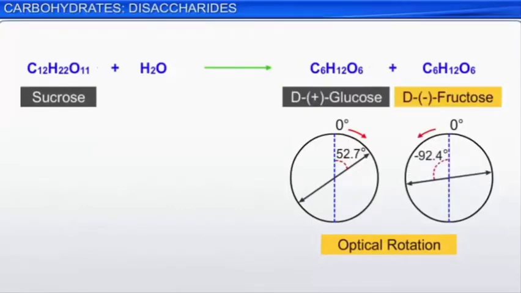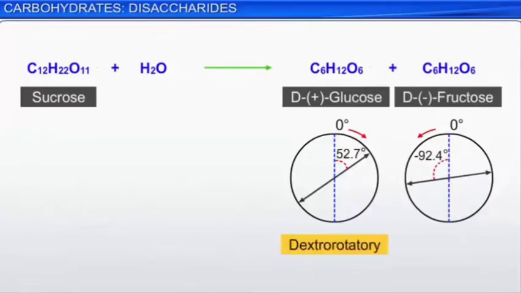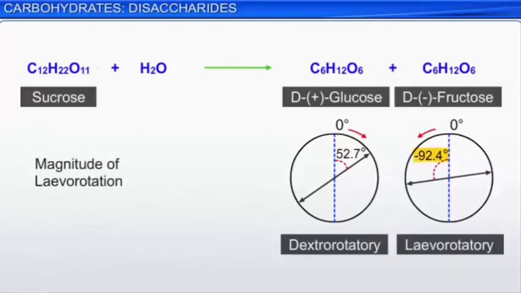That is, D-glucose is dextrorotatory, while D-fructose is levorotatory. As the magnitude of levorotation of fructose is greater than the magnitude of dextrorotation of glucose, the mixture obtained by the hydrolysis of sucrose is levorotatory.